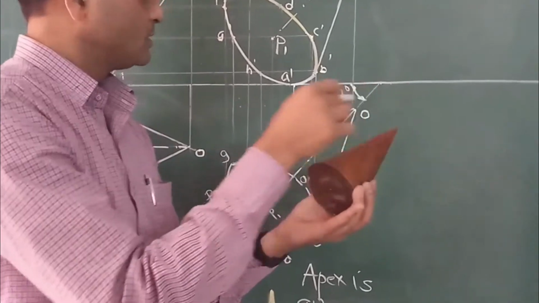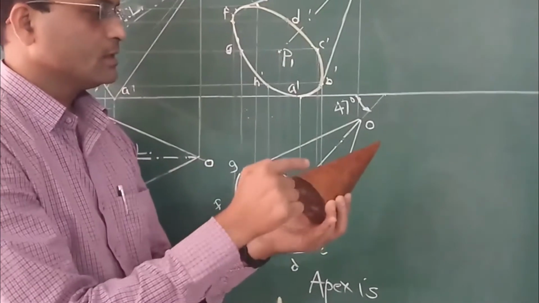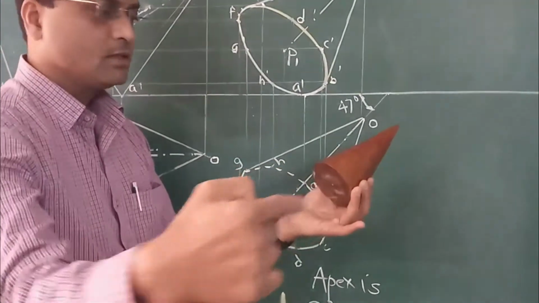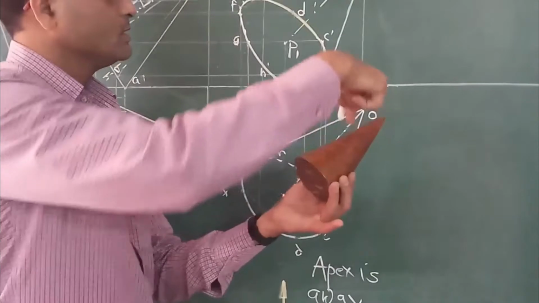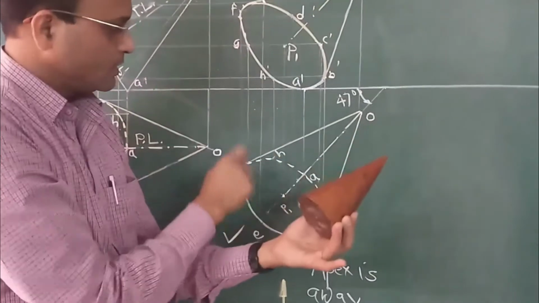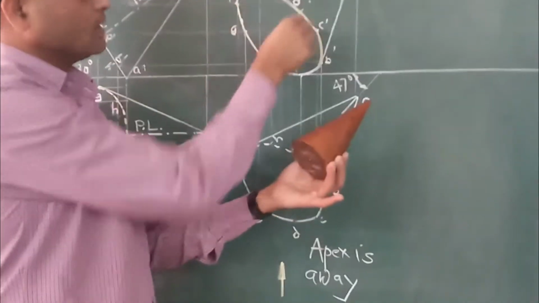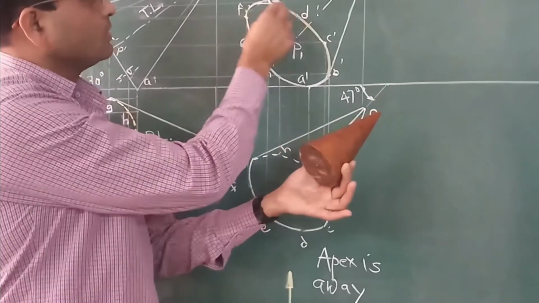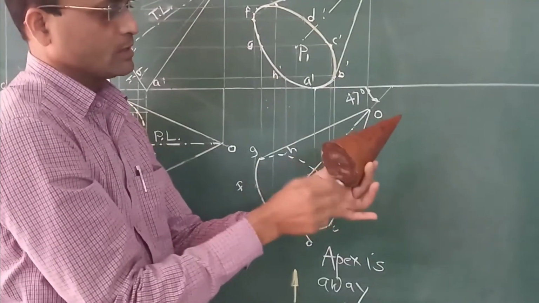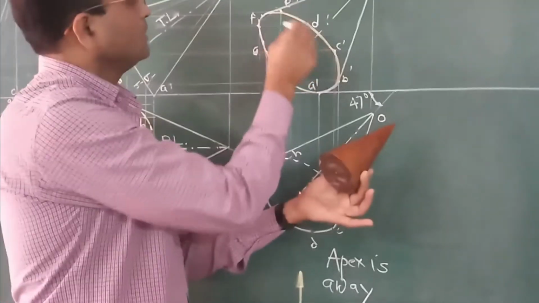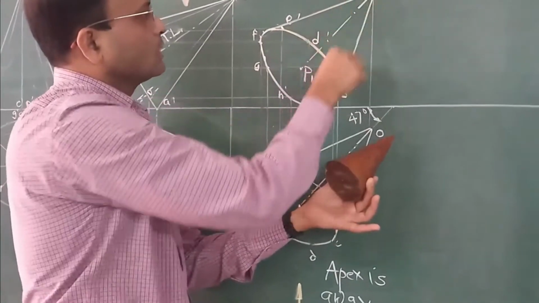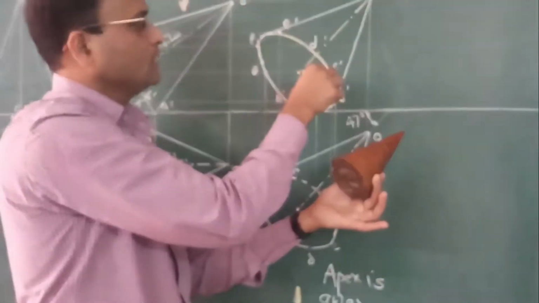In this inclination position, the base is nearer to the observer while the apex is away from the observer. That's why in the final front view the base is visible. All the points on the base are visible, while these outlines are bound to be visible, or thick.